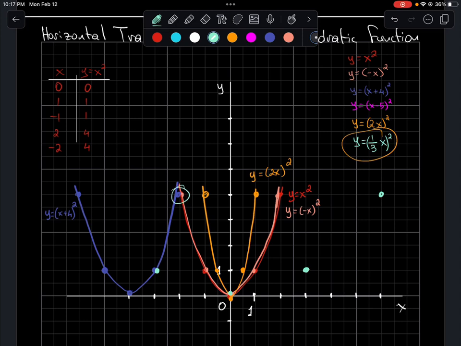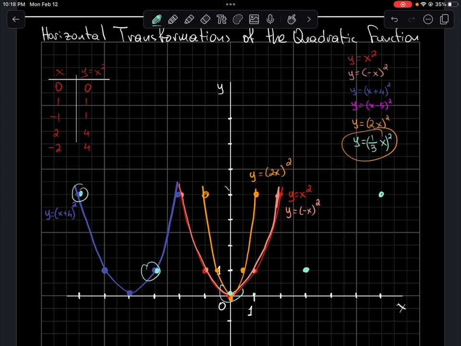Then we have this point, which is also 2 away from the wall. It's going to go to 6 away from the wall. Let's see where 6 is. 1, 2, 3, 4, 5, 6. So it's going to move this direction until it gets to triple distance, which is over here. Alright, so I have this point, that point, that point, that point, and that point. Let's connect them.